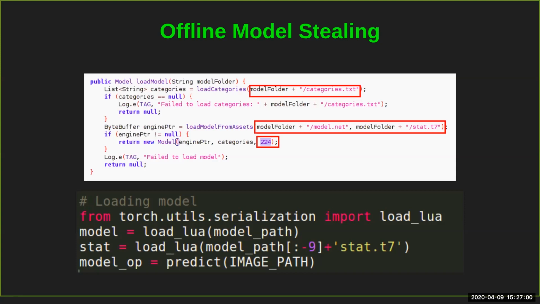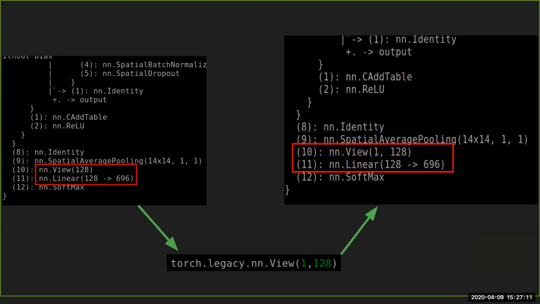You just need very basic reverse engineering skills to perform this attack. So this is all about offline model stealing attacks. Sometimes you may face issues with loading the model, but if you go through the documentation and check why the particular errors are coming, you can refurbish your code to load the model.